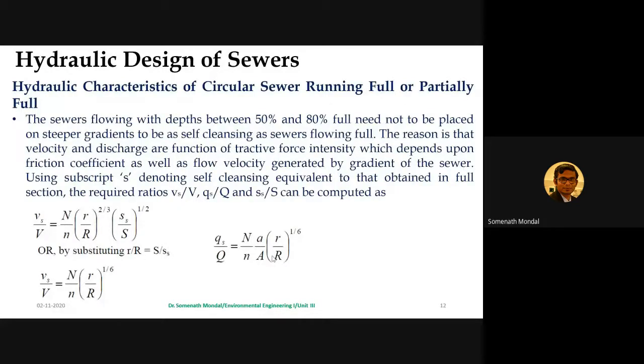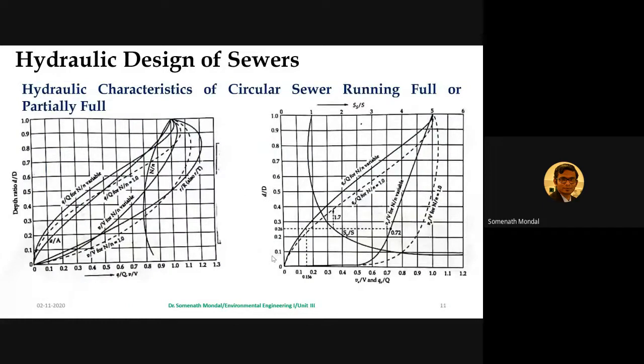So this is the entire procedure by which we actually calculate from this graph. Basically, this graph whatever we have shown over here, the first graph is nothing but the one against the d by D value.